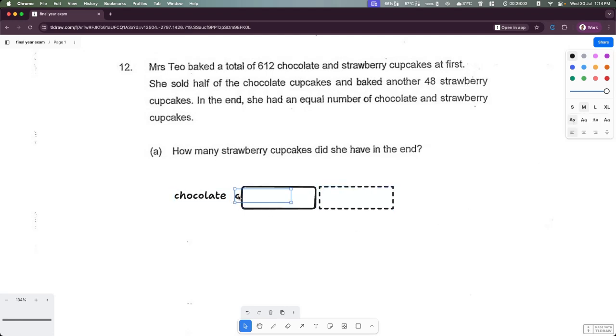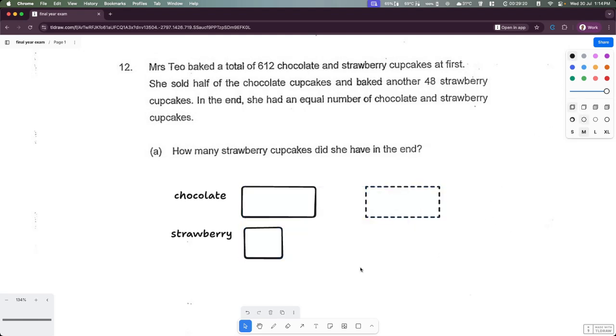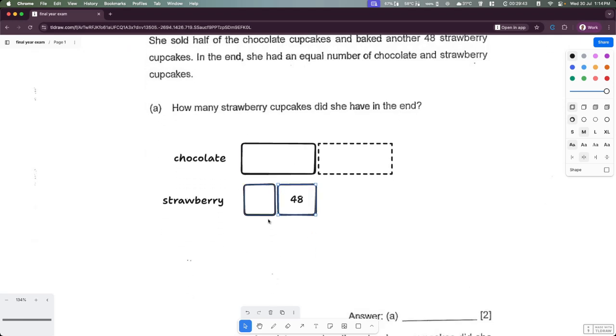Next we have strawberry after 48. Let me make it a little bit smaller. So this is how it looks. For chocolate, she gave away half, so 1 out of 2, and then she baked an additional 48 strawberry, and now they are the same amount.